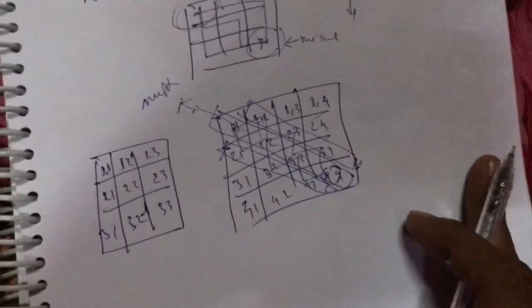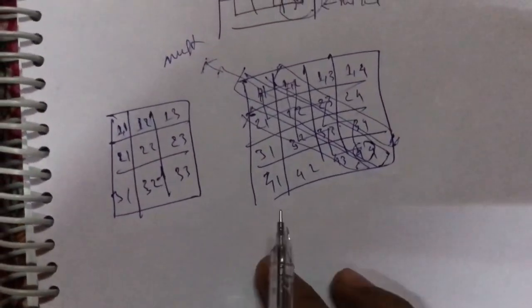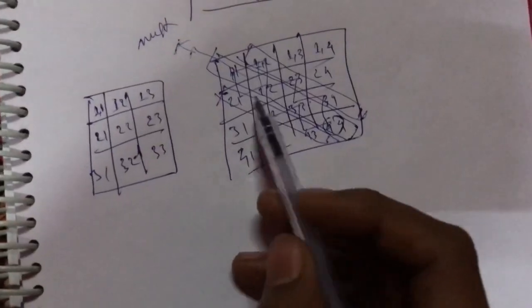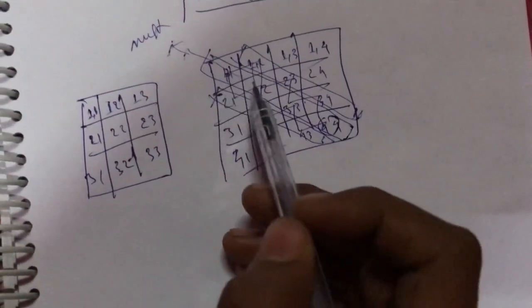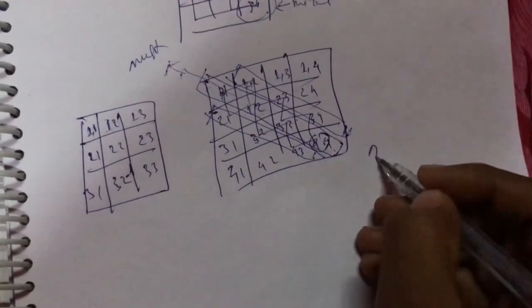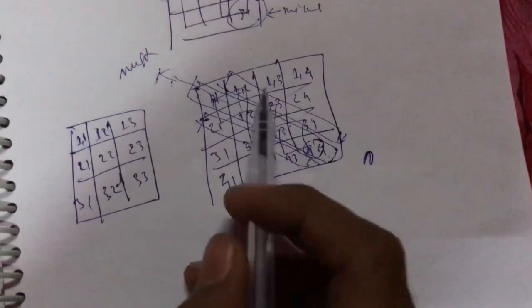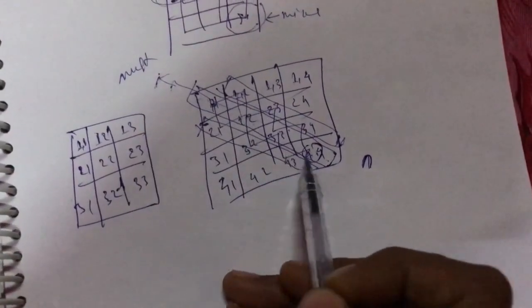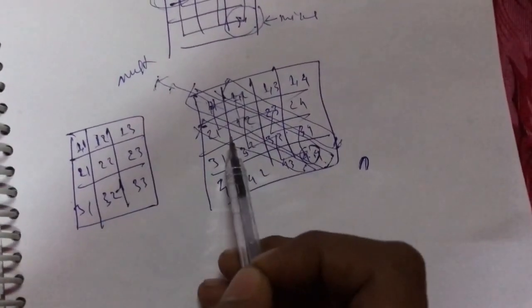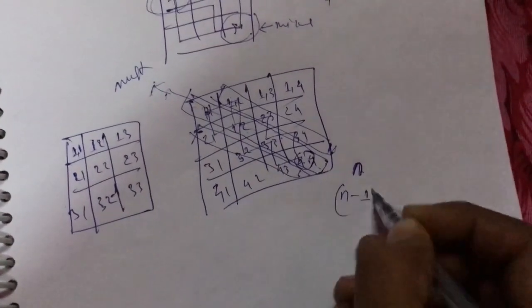Just look, we can make a formula right here. You can see that in this diagonal you have at most n cells. If your grid is of size 4, you have 4 cells in this diagonal, but in this diagonal or this diagonal you have n minus 1 cells.